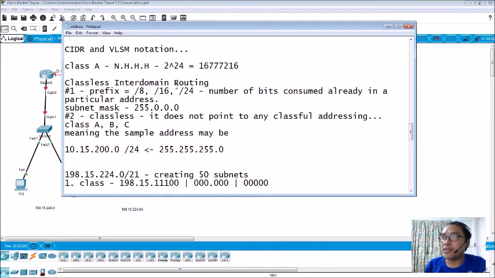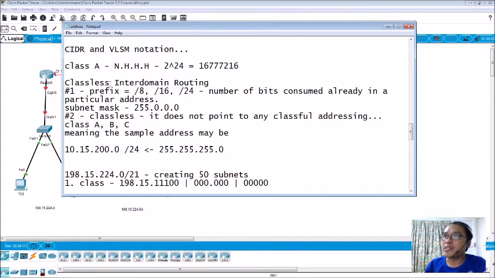Although, prior to mastering CIDR, you should master subnetting first, so that you have a full idea on how to segment one network address into many network addresses.